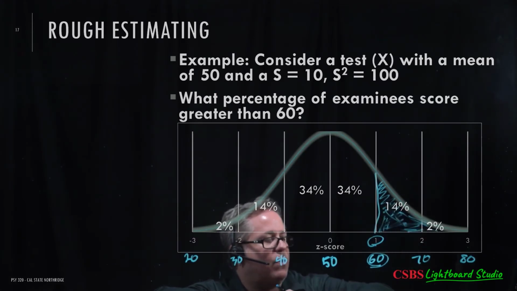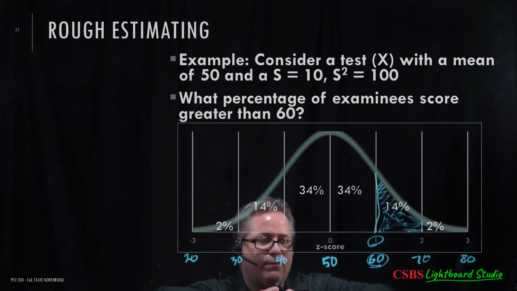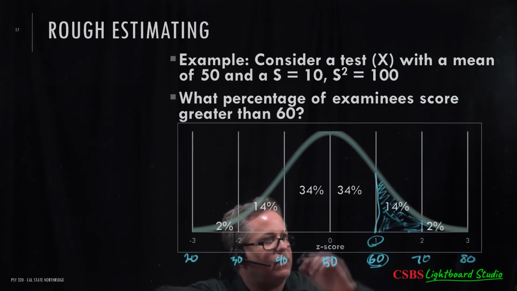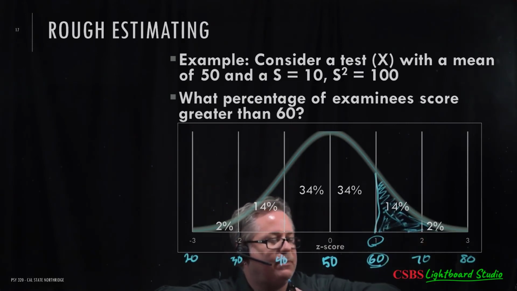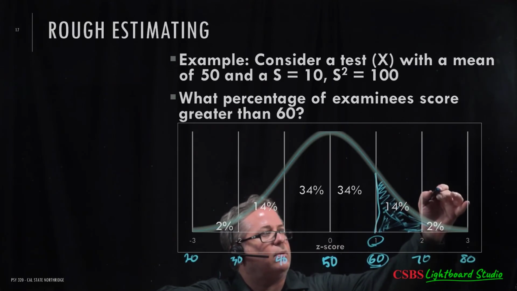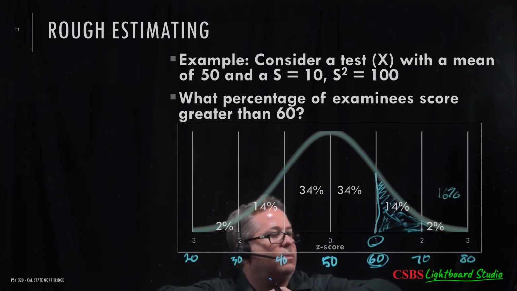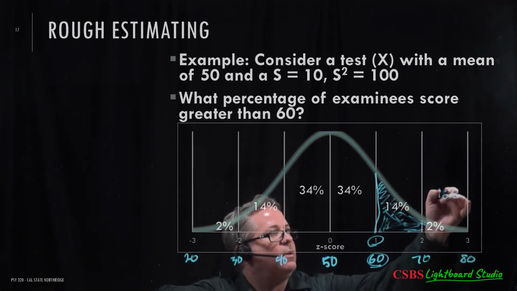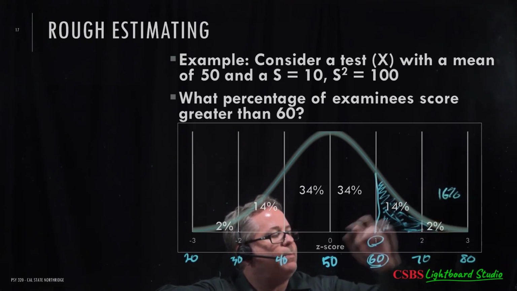I want to know what percentage of respondents are going to score in that range above 60. All right, so 14 plus 2, 16. And if you were to answer that on an exam, 16%, that'd be right.